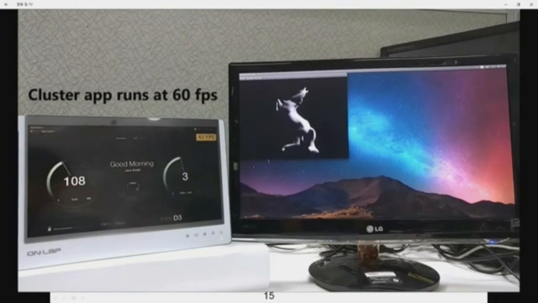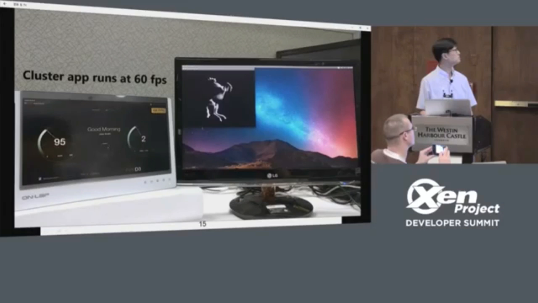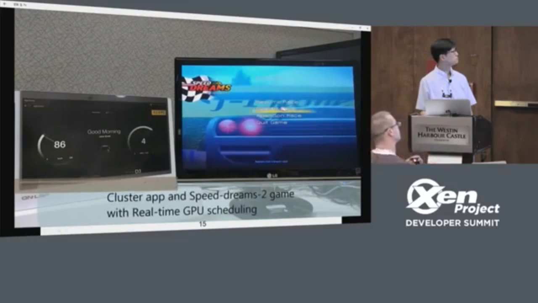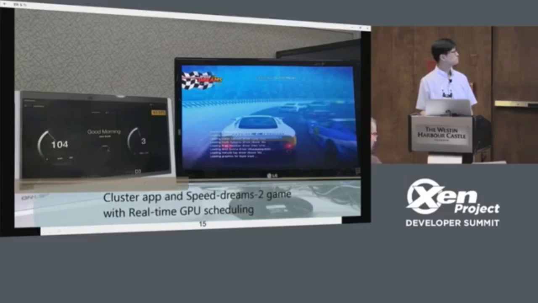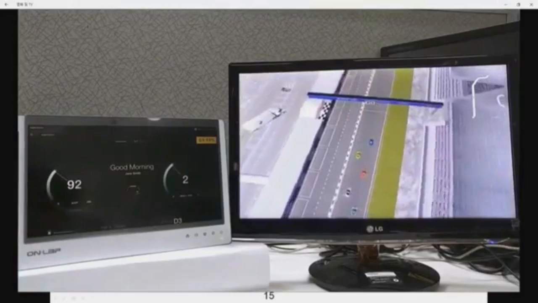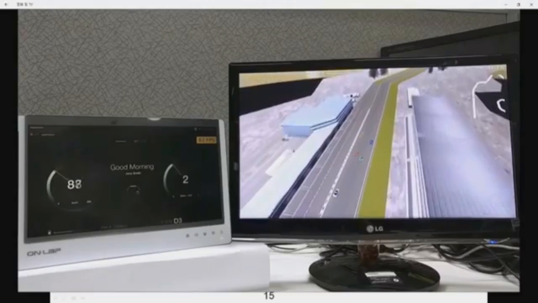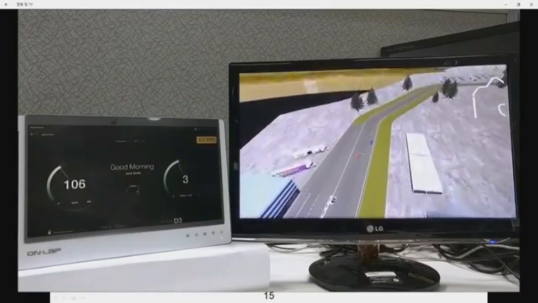With priority and period, it meets 60 FPS, and almost up to 60 FPS.